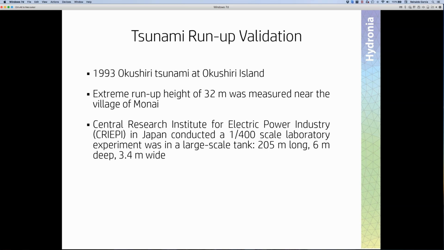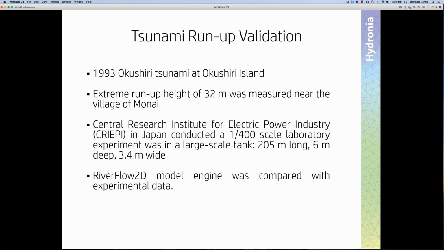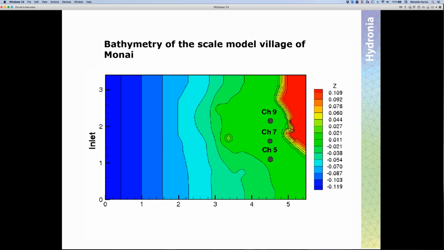It's not obviously a natural scale, but it's quite a big scale for this type of analysis, 1 in 400. But the interesting part here is that the model was applied to this geometry and to compare the measurements with the model results.